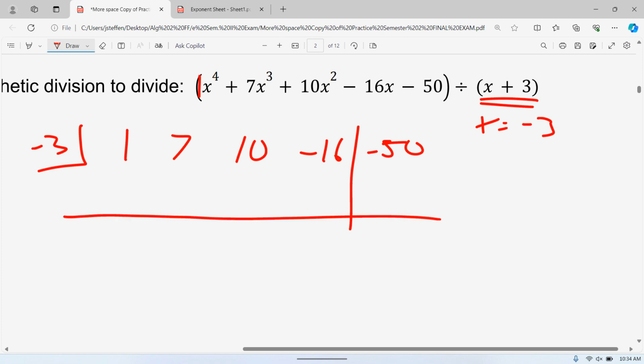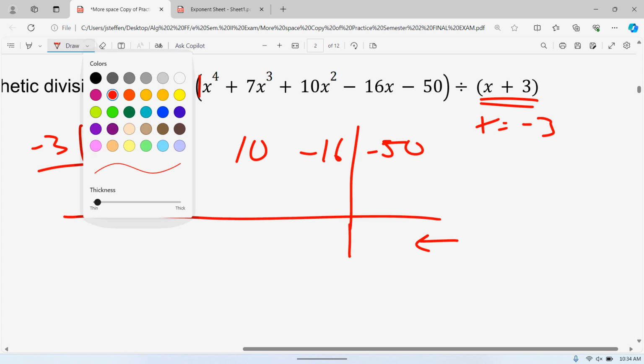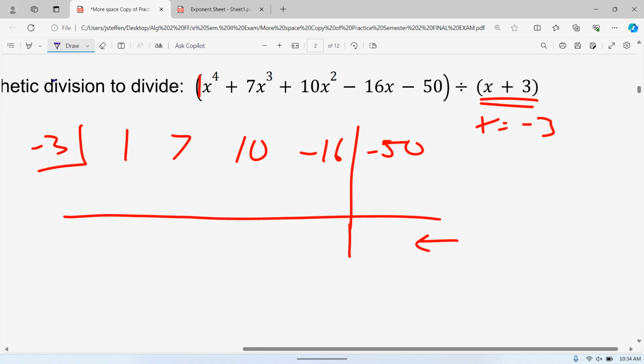That's what we're looking for. Biggest mistake when people do synthetic division, you forget this first number drops straight down. People mess up there. Then go to the loop. The number multiplied by 1 goes here, and we add those together.